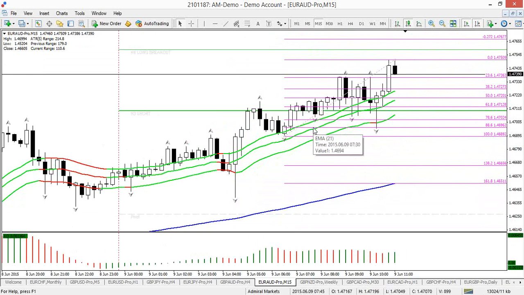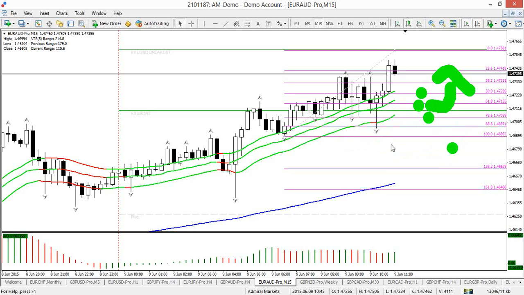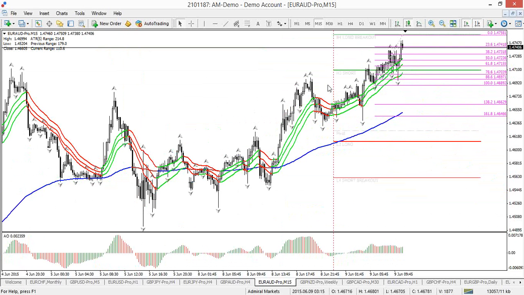That is a psychological round level. It could still push a bit through. I think waiting for a bit of retracement. These bottoms could be the stop loss bottom here, 146.90, and a long maybe at the 61.8, the 50, 78.6 could make sense on the euro Aussie. That would still be a continuation setup basically.